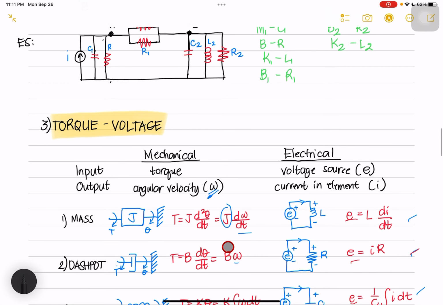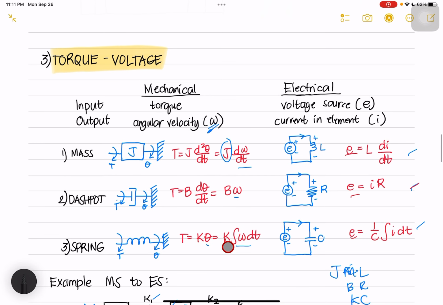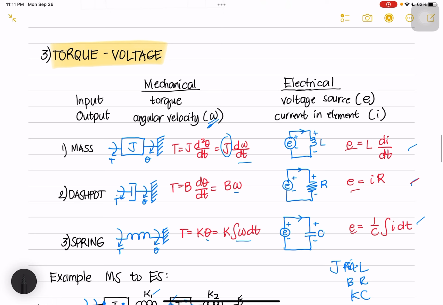Okay? Next, let's go to the rotational mechanical system. So, this is just the same concept. Torque voltage muna. So, sa mechanical system, input is torque, output is, sa halip na velocity, this time it will be angular velocity. So, again, pagka torque voltage, input would be voltage source, tapos ang output would be the current in the element. So, this is the same as sa force. Ganyan din ang derivation.